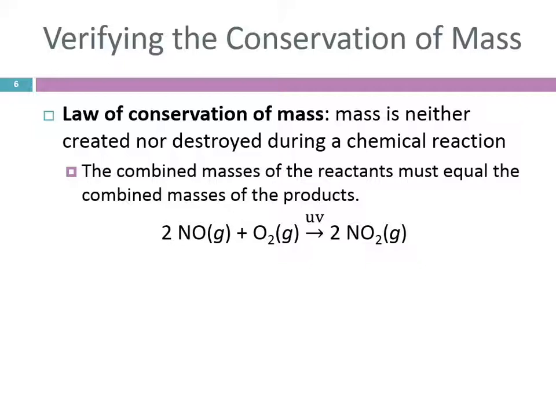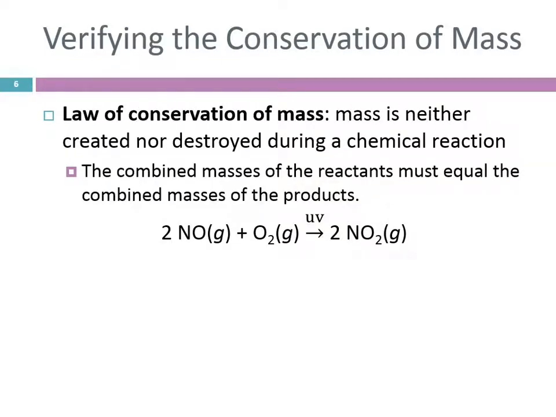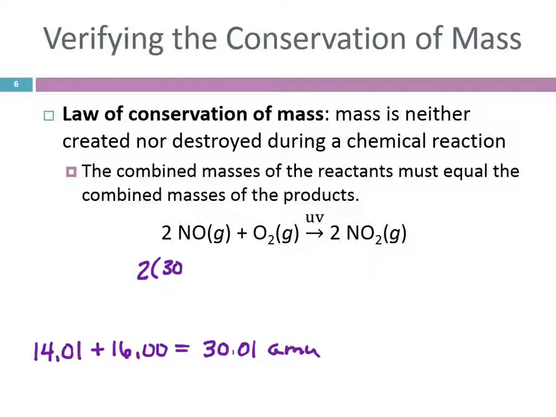We need the periodic table, right? So 1 molecule of NO, it really helps to select the pen tool. 1 molecule, it's got 1 nitrogen atom and 1 oxygen atom, and I think that comes out to 30.01 atomic mass units. So there's 2 of them, right? Each weighs 30.01 atomic mass units.